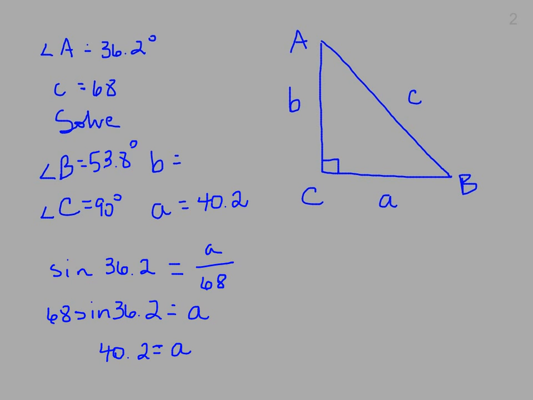Now the last side that I need to find is side B, and I can go back to our old friend, the Pythagorean theorem, and solve for B. Or I can go to SOHCAHTOA and switch to cosine of 36.2, and then multiply both sides by 68.